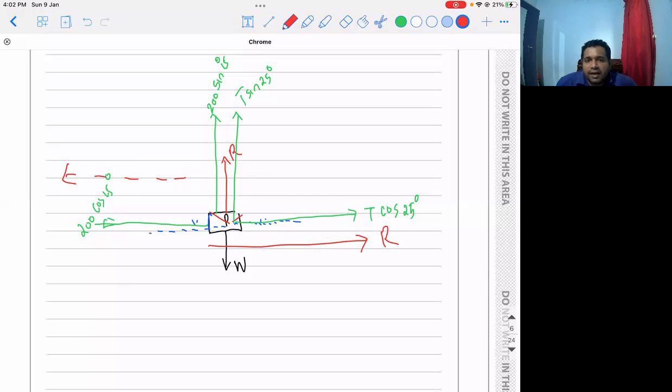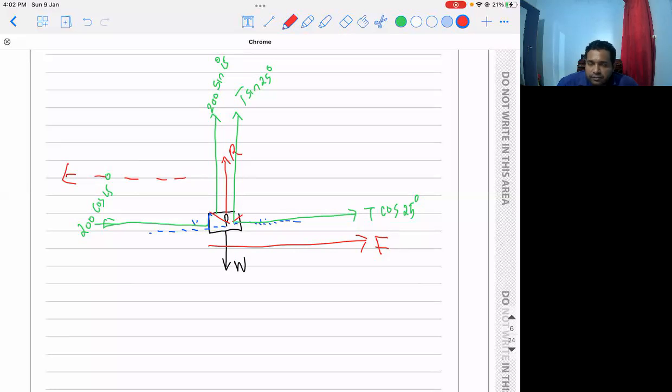We can mark it as R. What is R? To avoid confusion, since we have already marked one R, we can mark it as F, as friction.